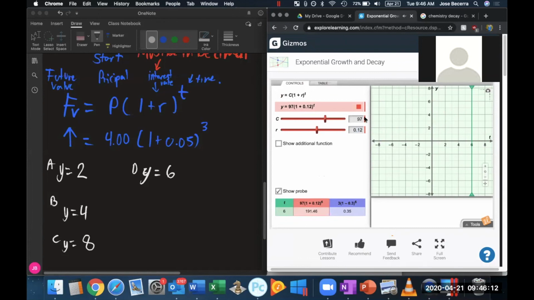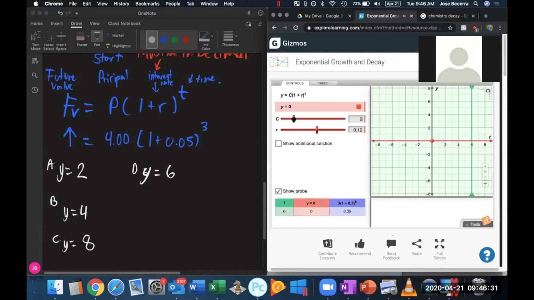Oh, it's not letting me. 0.97. Okay, it's not letting me do decimals for C. That's funny, it's only letting me do whole numbers, but that's okay. Why don't we just put down 1 as the replacement?